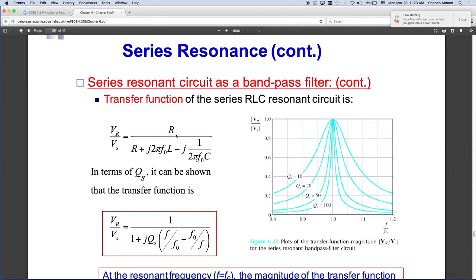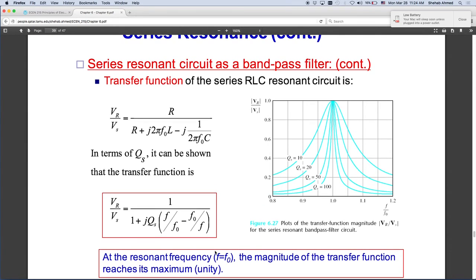Divide by R top and bottom, so this becomes 1 plus 2 pi f naught L over R, and then minus and so on, and simplify. The idea is you should be able to write it in terms of quality factor and the ratio of frequency to resonant frequency, and resonant frequency to operating frequency.